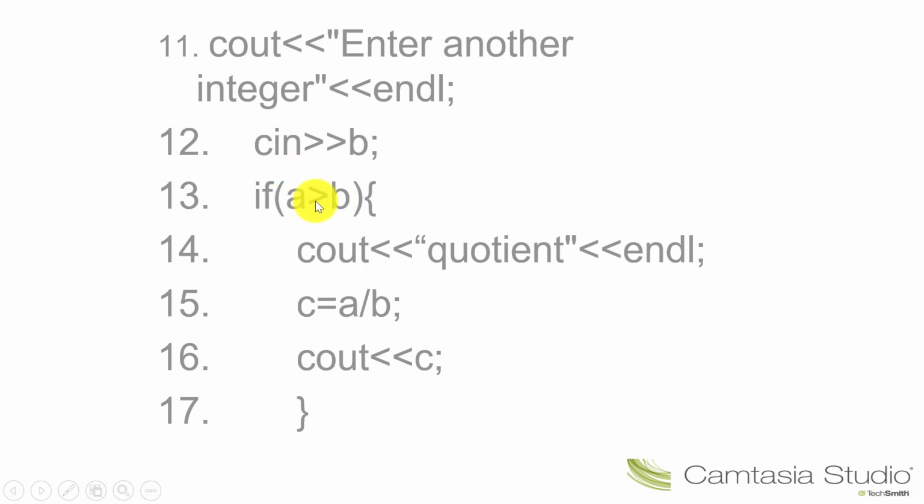If the value in A is greater than the value that was entered in B, then the division is performed here, and we shall get the quotient going into variable C. So the message will say the quotient is this value, and the value that is in variable C will be outputted at line number 16.